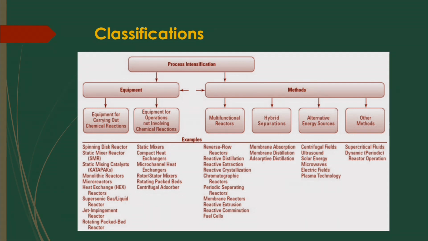Sometimes to reduce the size of the particles you have to use this comminution process. So reactive comminution is also very interesting nowadays, and it gives process intensification. And fuel cells are also important, membrane absorption, membrane distillation, adsorptive distillation; those are under process intensification.